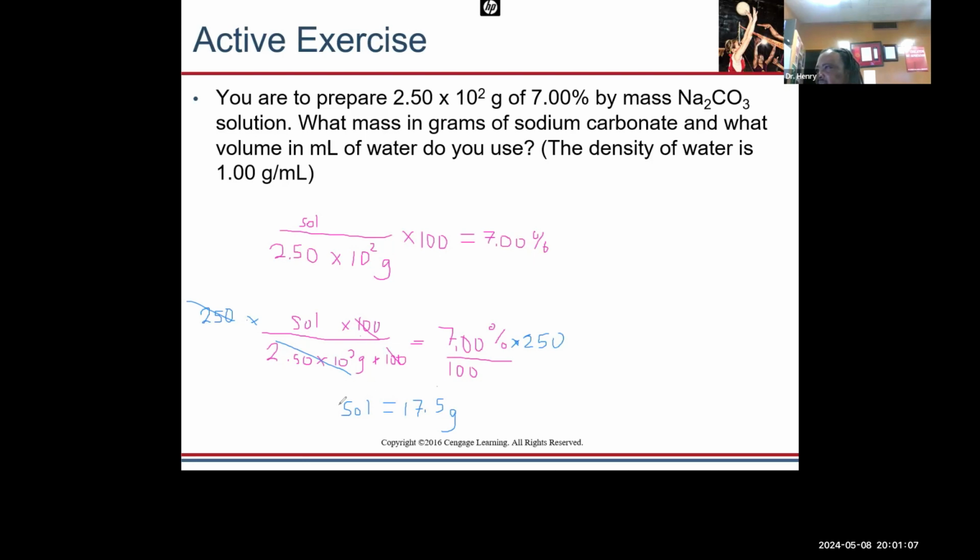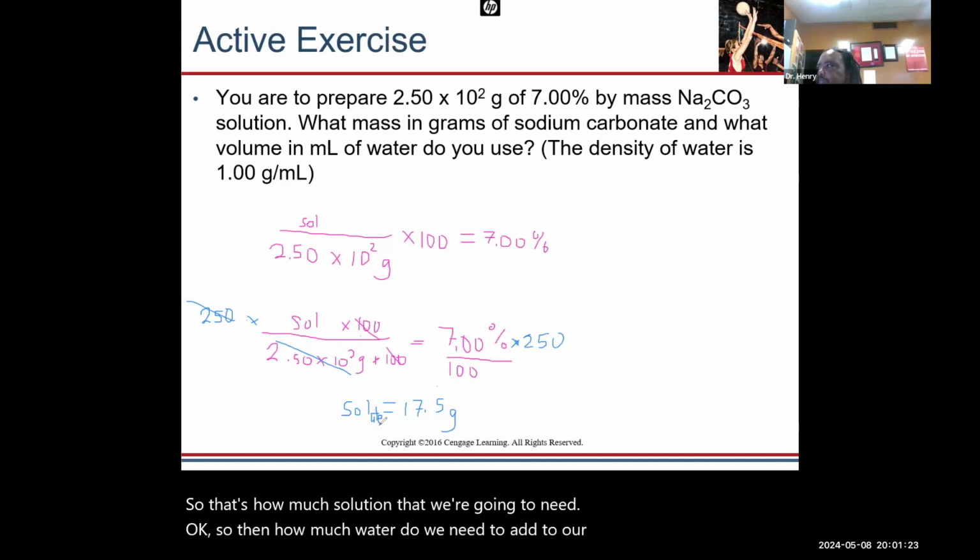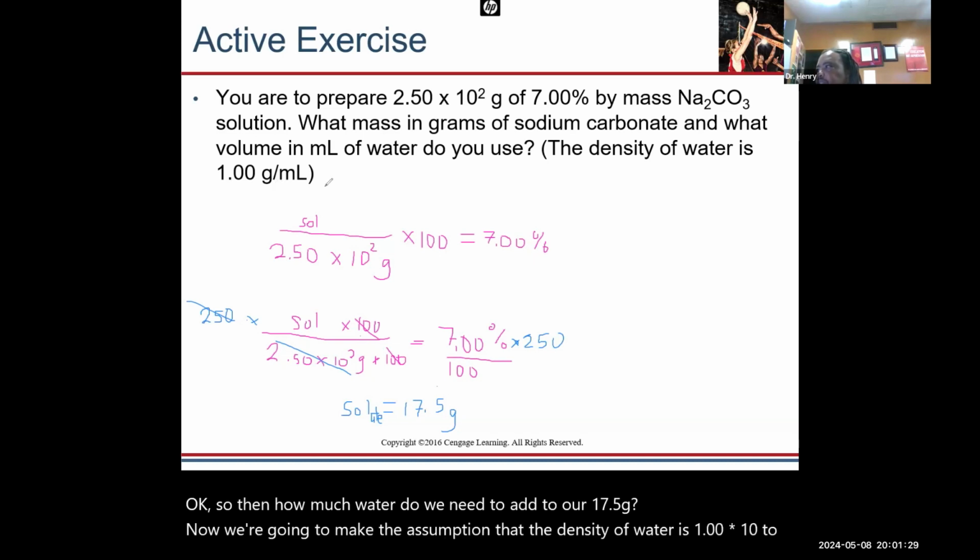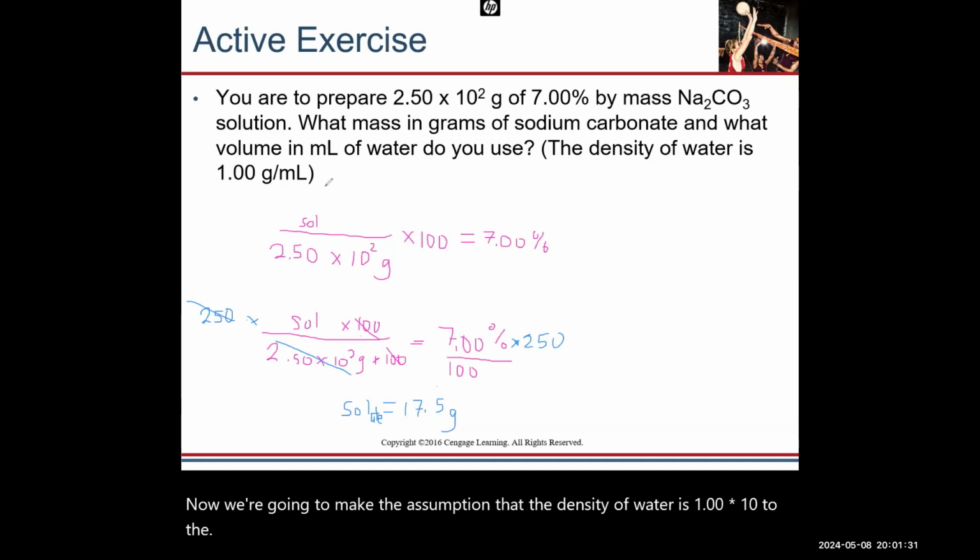So that's how much solute we're going to need. Then how much water do we need to add to our 17.5 grams? We're going to make the assumption that the density of water is 1.00 times 10 to the... so we're going to need 17.5 milliliters.